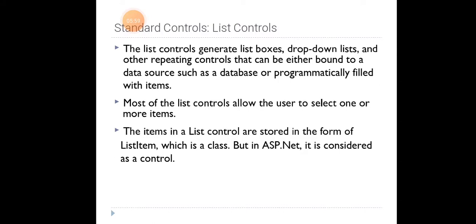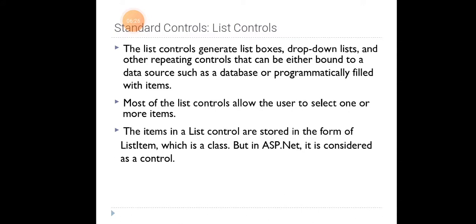From the name itself, list controls. List means listing out a set of items. The list controls generate list boxes, drop-down lists and other repeating controls that can be either bound to a data source such as a database or programmatically filled with items. That means a list of items, either from the database or done programmatically.